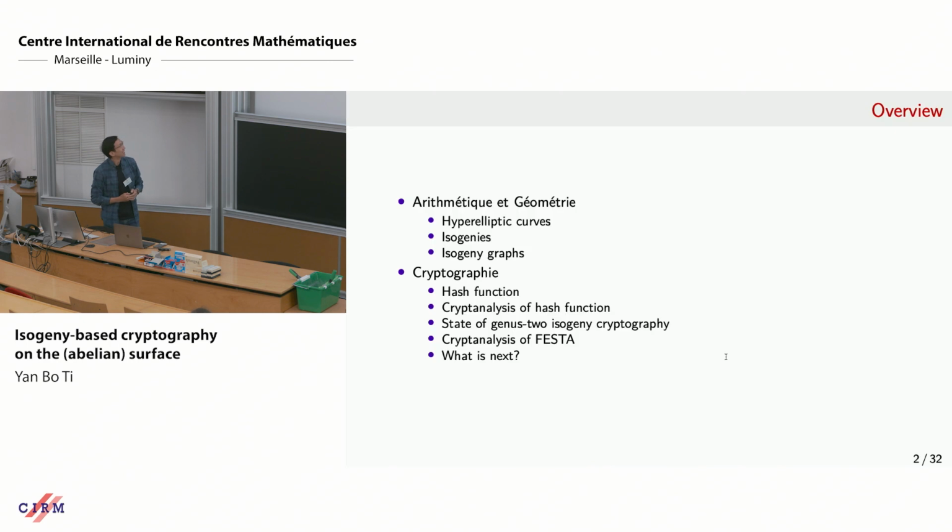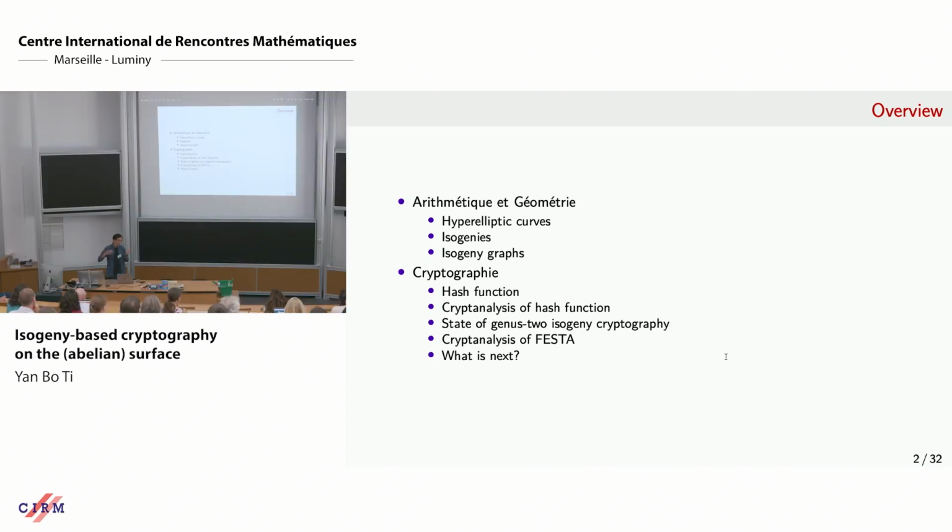So I'm just going to give an overview of what I'm going to cover. I understand that when I was a young PhD student coming to these events, you're thrown into the deep end and you don't quite understand what you're looking at. So I would like to pitch this towards a younger audience and explain what hyperelliptic curves are, if I can, and isogeny graphs.